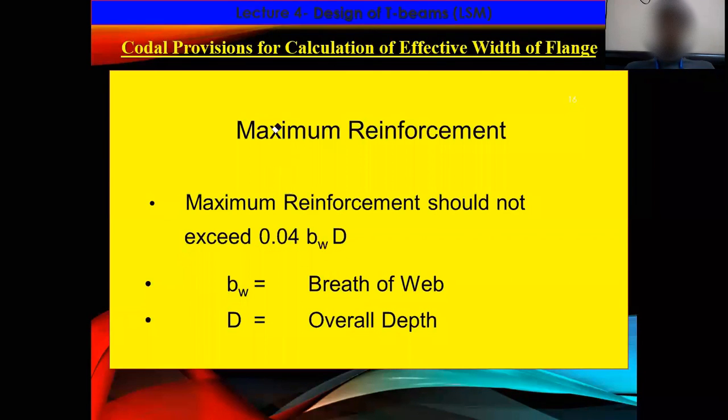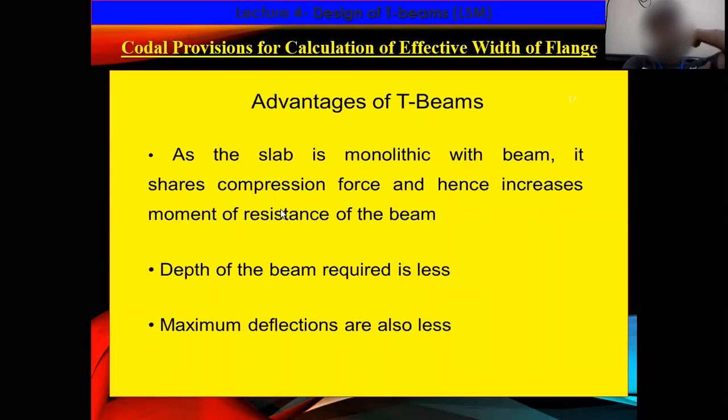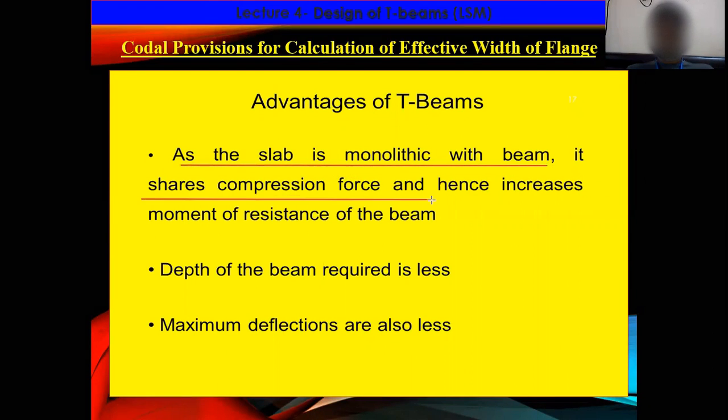Right? So the next one is, what are the advantages of a T beam? Why are we going to design as a T beam instead of a rectangular or square beam? The main advantages are, as the slab is monolithic with the beam, it shares the compression force and hence increases the moment of resistance of the beam.